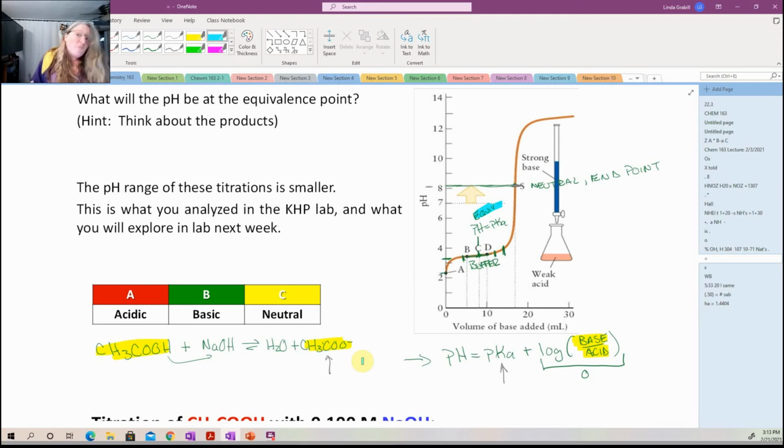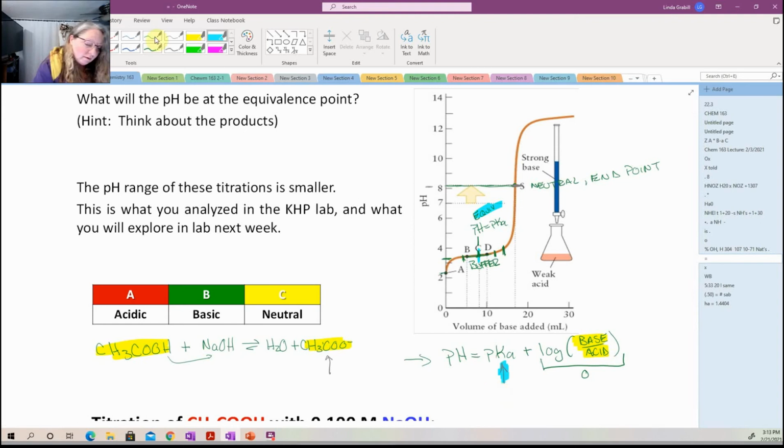Because when you're working with a buffer in lab, when you find this point C, and it's this kind of mid region in your buffer region, we know then that I have the equal amount of base to acid. If that's true, then just knowing what my pH is lets me get to my pKa, and then I can directly solve for my Ka, which, as you know, lets us solve for all sorts of things.